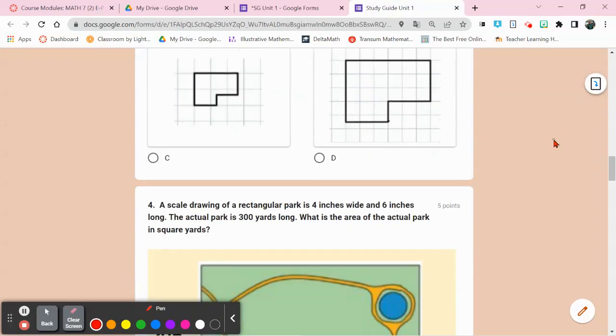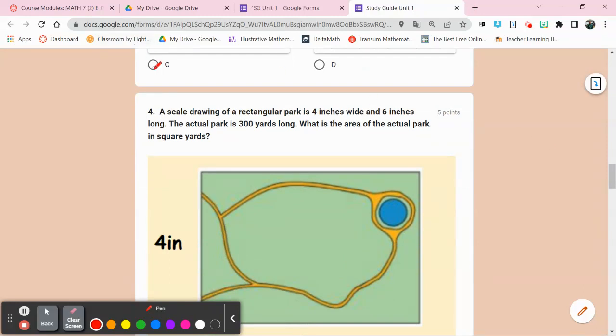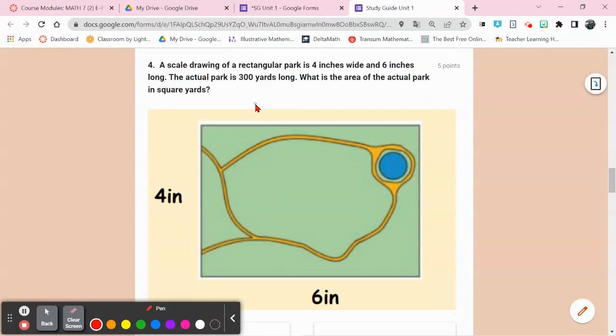All right. Question 4. A scale drawing of a rectangular park is 4 inches wide and 6 inches long. Here it is below. The actual park is 300 yards long. What is the area of the actual park in square yards? Well, first let's find the area of the scaled park.